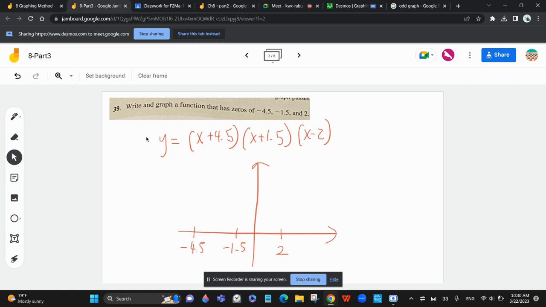So just a sketch. Yeah, it needs to pass through 2, negative 1.5, negative 4.5.